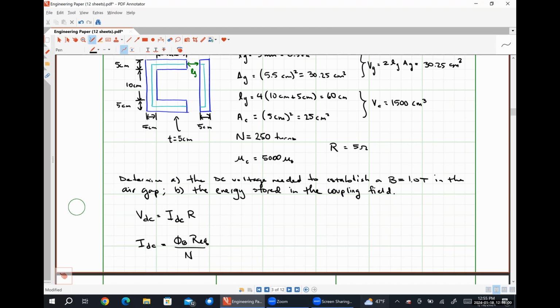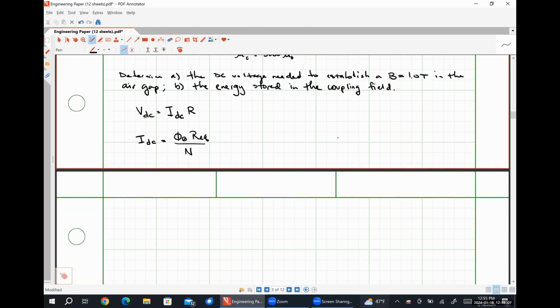Now, because we've done calculations like this so many times, I'm going to go through this pretty quickly so as to not bore you. Our equivalent reluctance would be our core length divided by our core permeability times our core area. So that's the reluctance of the core. And then I'm going to have 2 air gap reluctances to take into account.